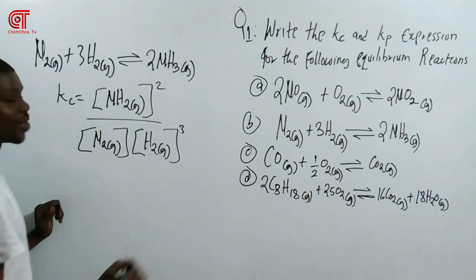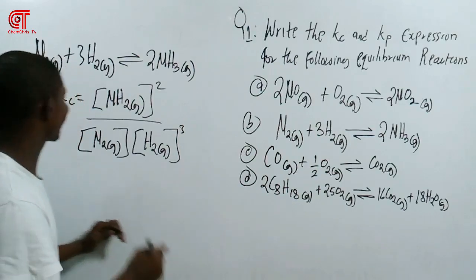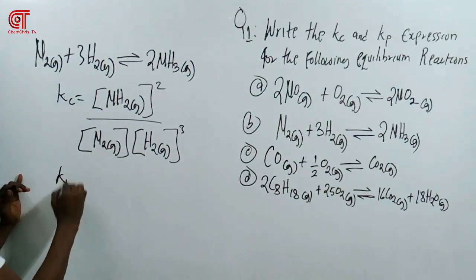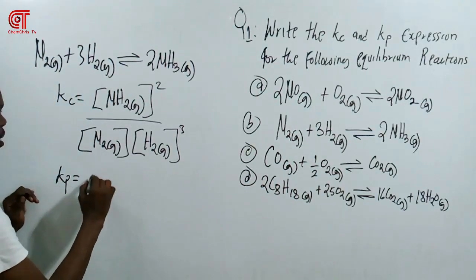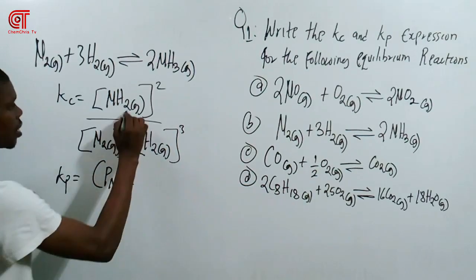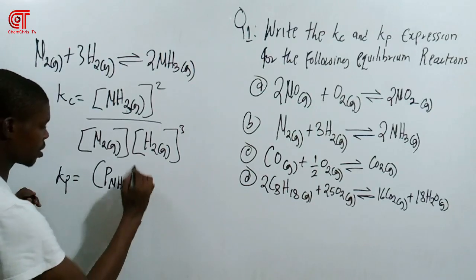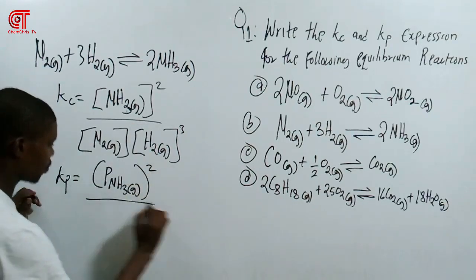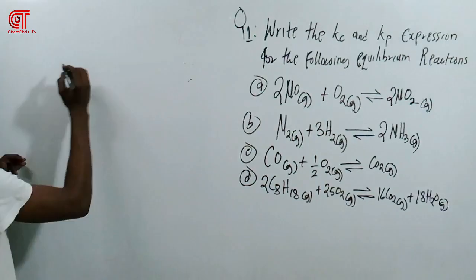Hope you are getting the answer. Check your book now if you get the answer. Then you have Kp equals partial pressure for NH3 gas raised to 2 over partial pressure for N2.